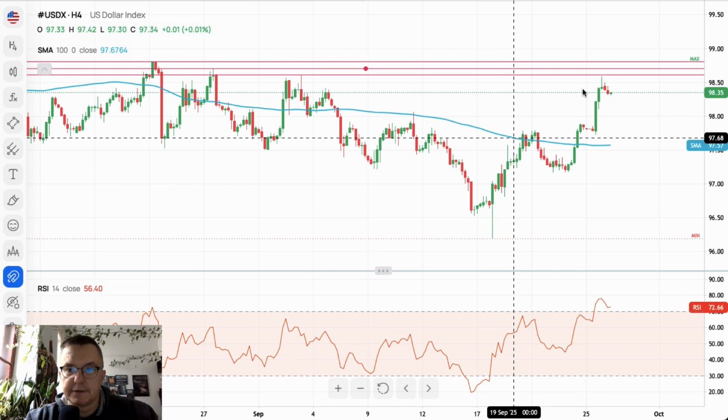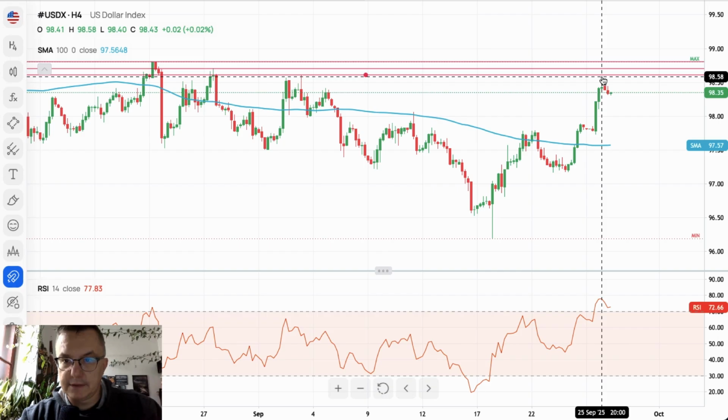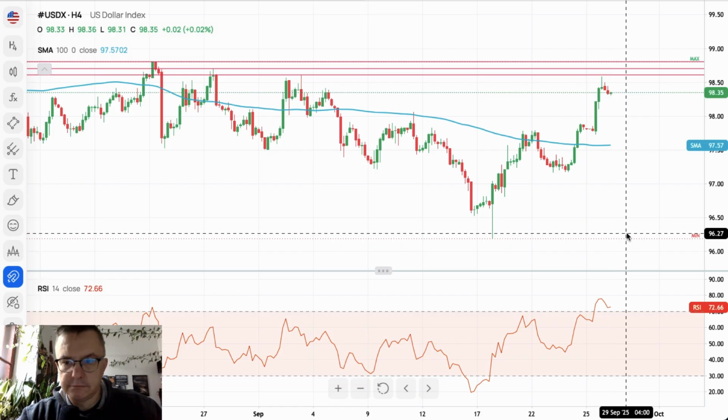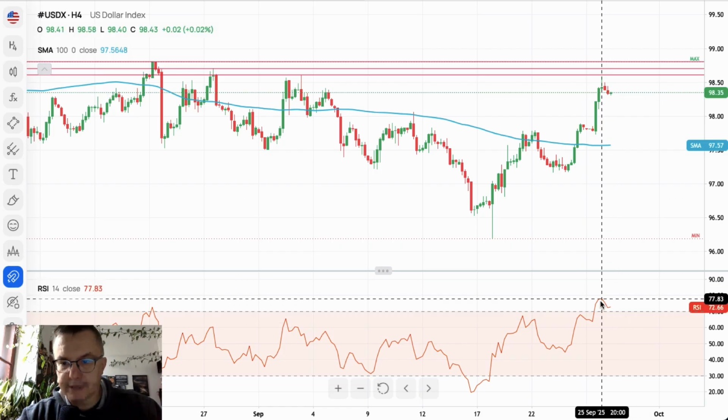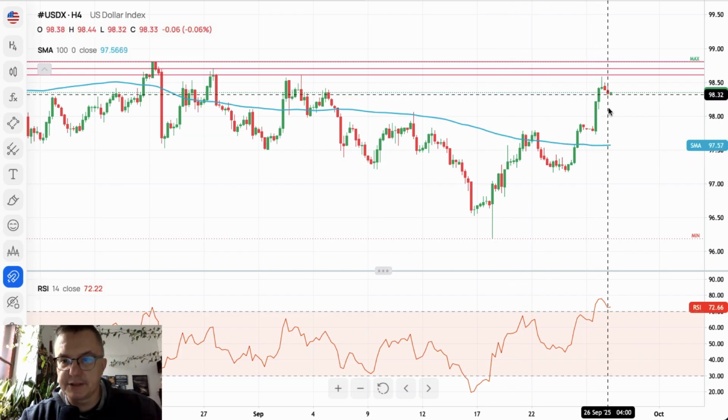This is the supply zone. The local high was made at 98.58, so 2 pips away from the lower line of the technical resistance, and the pullback is now in place. The market is coming off extremely overbought conditions, the same situation as right now on the US dollar versus the Japanese yen.